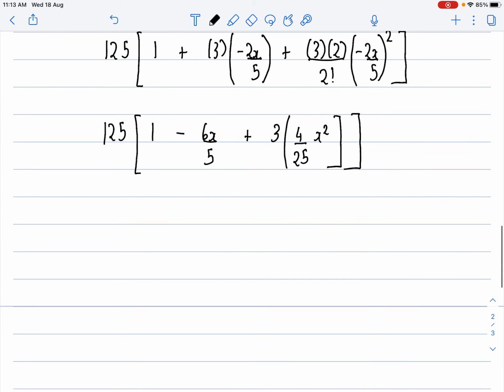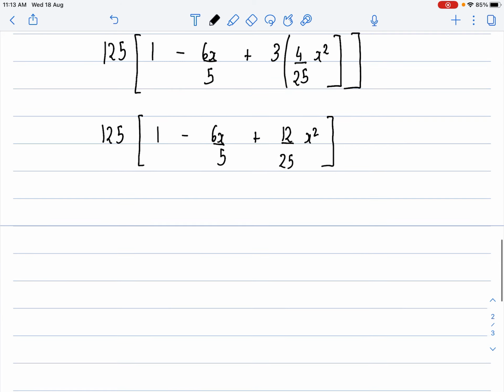So now you can write this as 125, okay, into 1 minus 6x over 5 plus 3 into 4, which is basically 12 over 25 x square. Now I can simply take this 125 inside the bracket. Okay, don't forget that because some people sometimes make a silly mistake there.